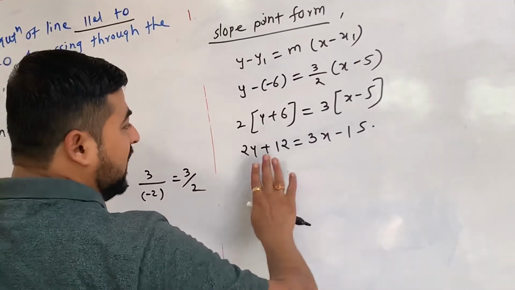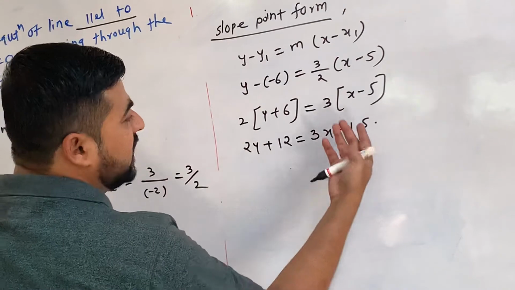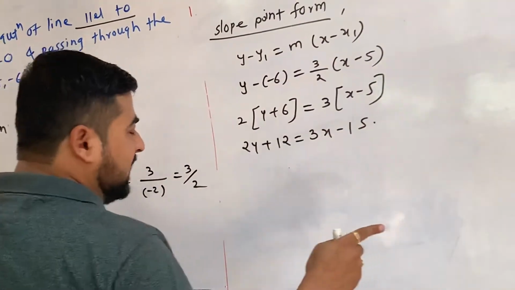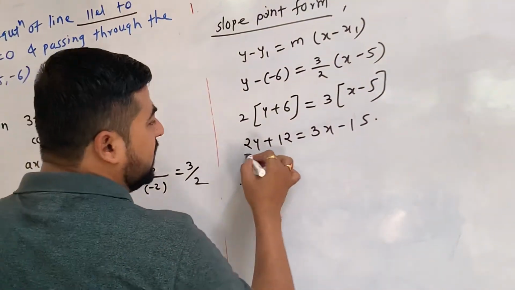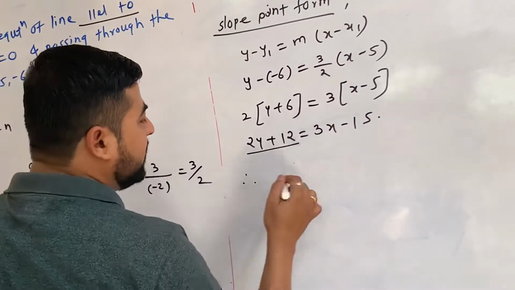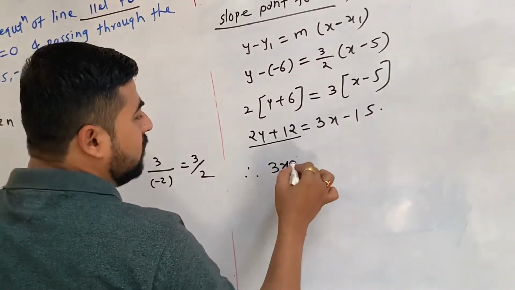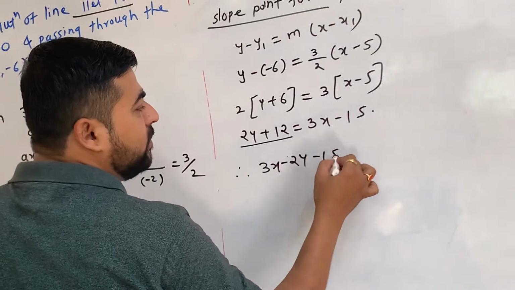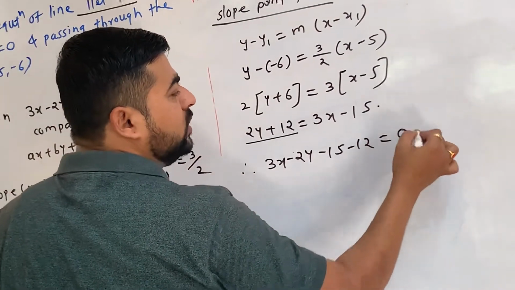You can shift LHS to RHS or RHS to LHS. So for the final answer we shift all elements of the left side to the right side: 3x minus 2y minus 15 minus 12 is equal to 0.